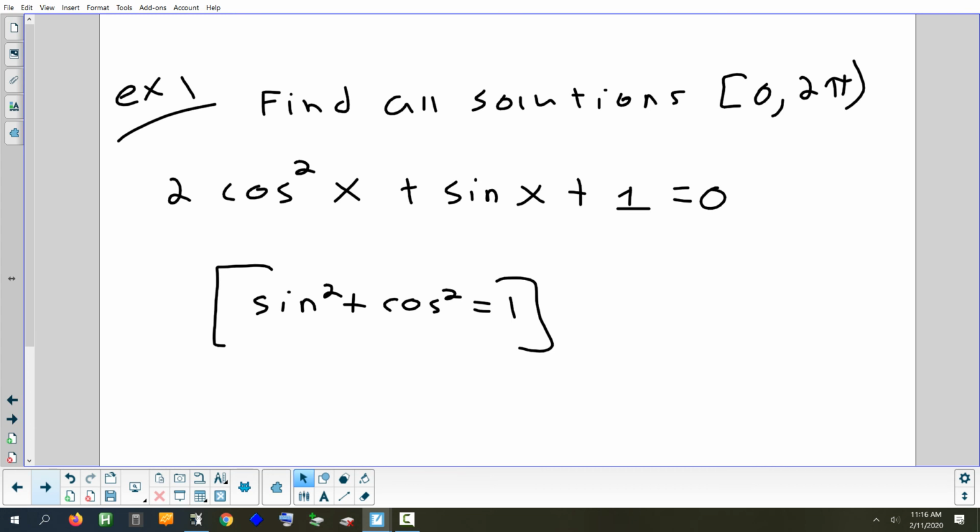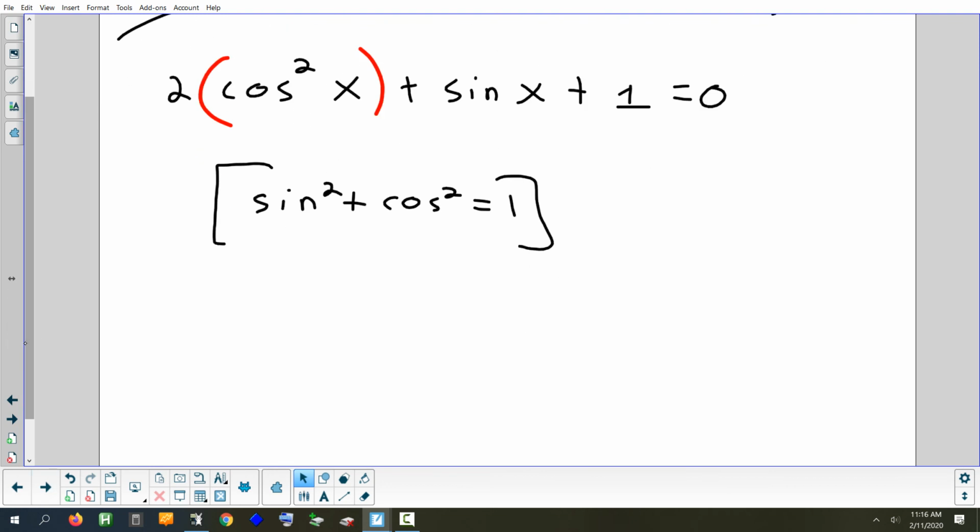So anytime you have an equation like that, you want to try to get it all in one trig function, substituting for the variable that is squared, because you have Pythagorean identities that will allow you to change that into something with sines and a 1. So that's going to be our first step. Use this Pythagorean identity, which I won't always tell you, but for the first one I did. Use that to substitute in for that. Everything else is going to stay the same.